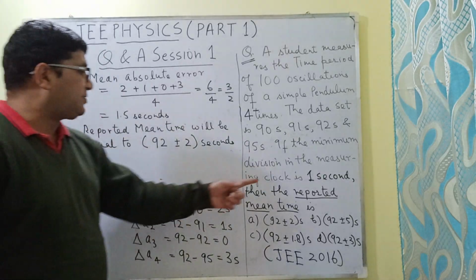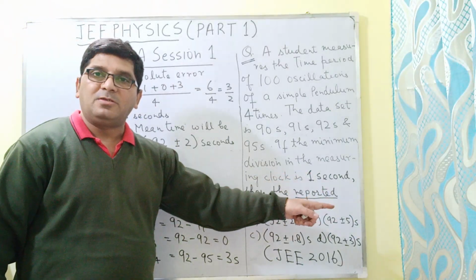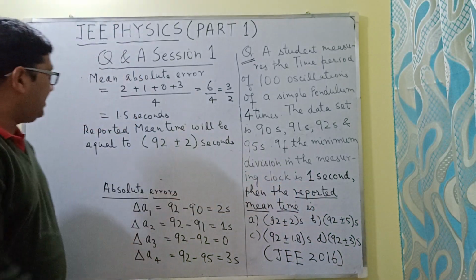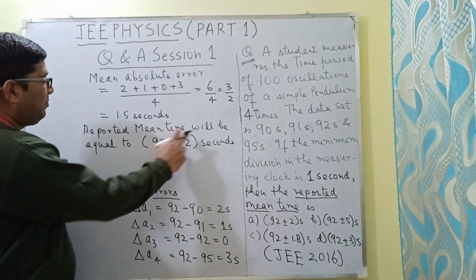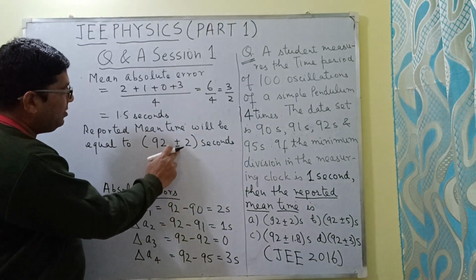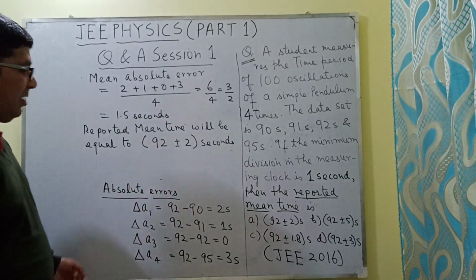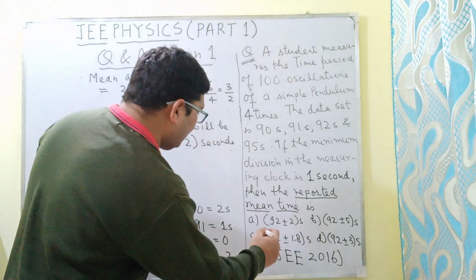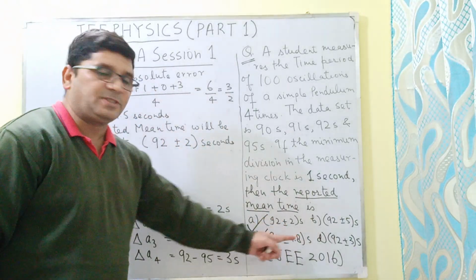Because this measuring clock can measure 1 second and after that it will measure 2 seconds. So since our mean absolute error is 1.5 seconds, the reported mean time will be 92 plus minus 2 seconds. So the correct option will be A, that is 92 plus minus 2 seconds.